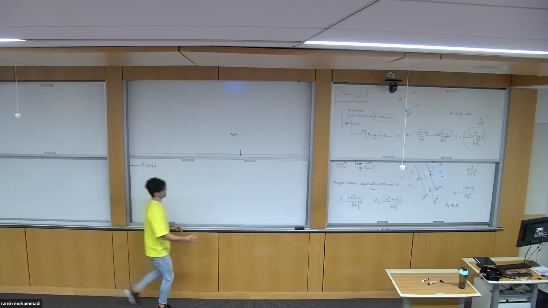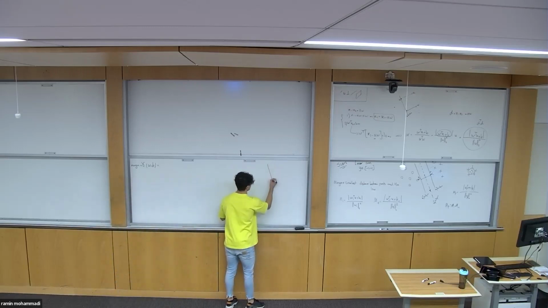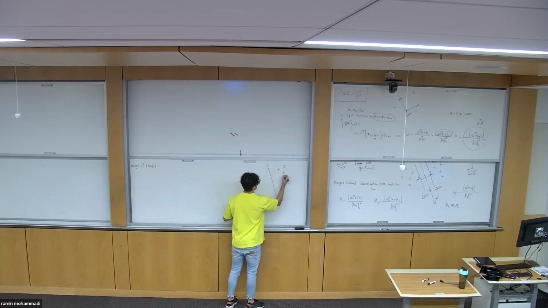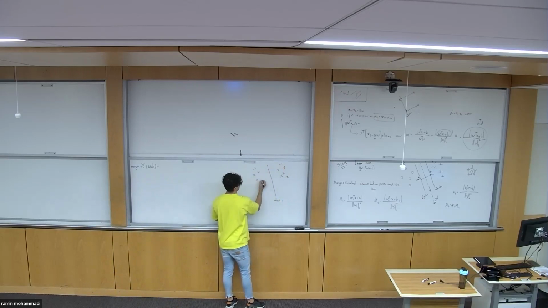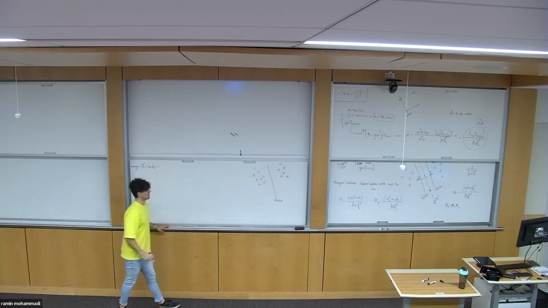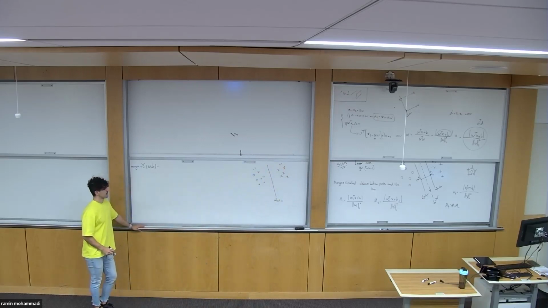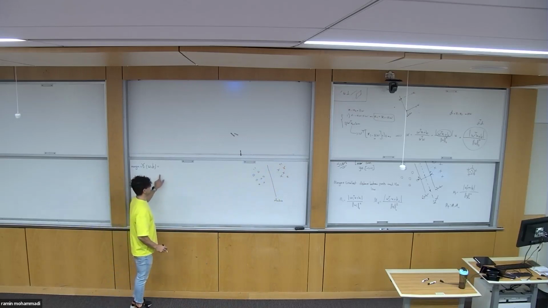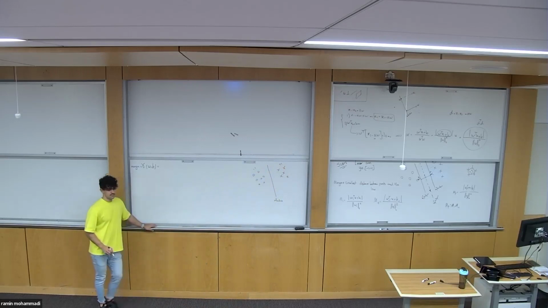So let's draw it here. We are trying to solve for this line, W transpose X plus B equal to 0. And these are the points in class 1, and these are the points in class minus 1. Okay. So when we are looking at the definition of margin, margin says the minimum distance among points and the line, correct?